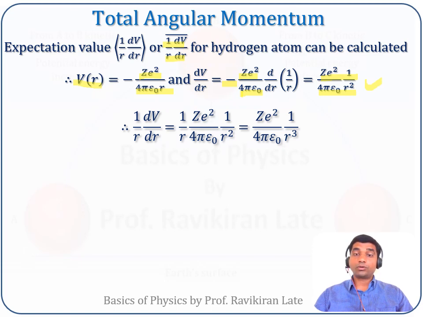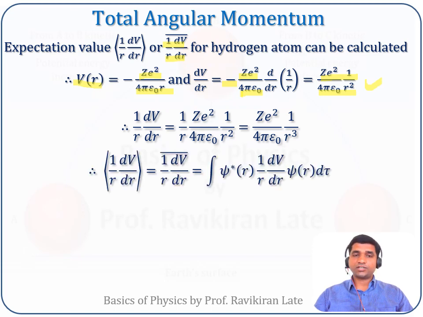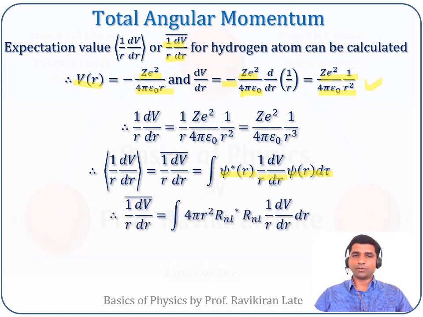Now remember, we have to calculate its expectation value. In order to calculate the expectation value, we'll be using a simple quantum mechanics assumption: psi star into the quantity whose expectation we need to calculate into psi, integrated over the whole space. It's a volume integral because it's a three-dimensional problem.